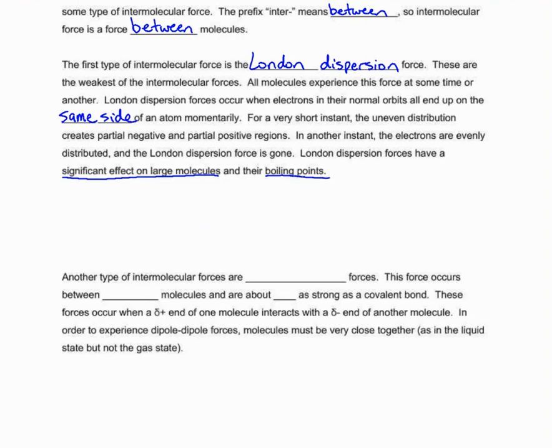So the first one that we'll look at, let's talk about bromine. It's one of our 7 diatomic molecules. This is what it looks like: bromine covalently bonded to another bromine.